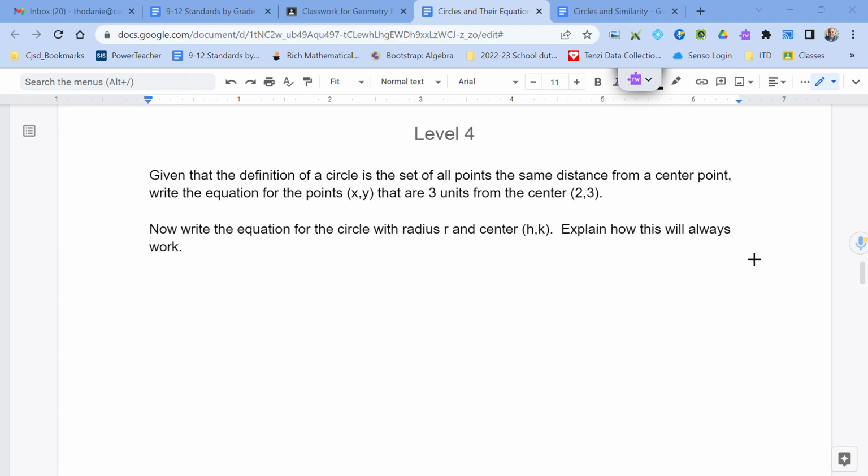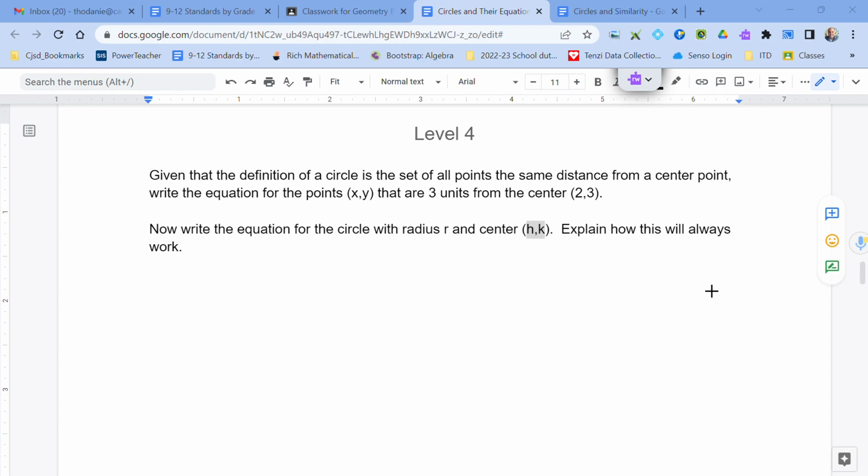That is just a regular old formula you can use for any circle. Now it says, instead of using 2, 3, and a radius of 3, what would the equation be if the radius was r and the center had coordinates h, k? Well, it would look like this. The center is at h, k.